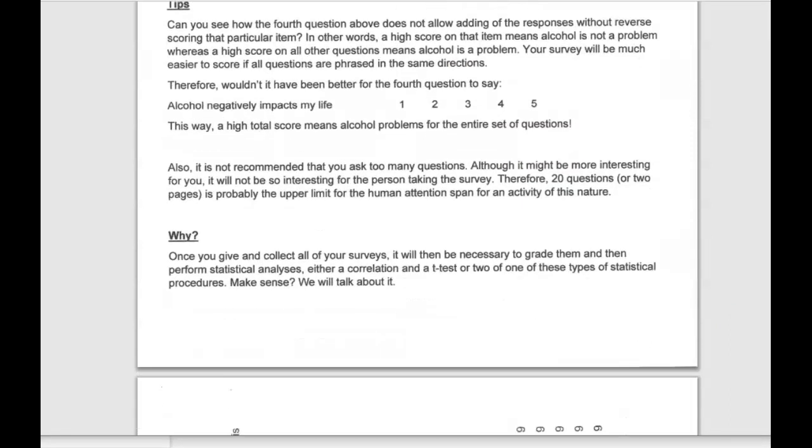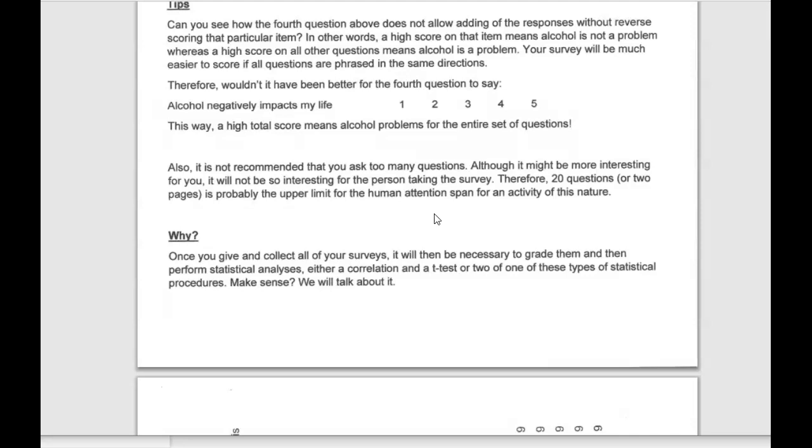Now, how many questions should you put in your survey? There's not an exact number, but can you see the obvious problem if you ask too many or too few questions? You only ask 2 or 3 questions that you're going to add up to a number score? Well, maybe that doesn't tell you enough about a person. But what if you ask too many questions, like more than 20 Likert scale questions? You know what's going to happen?